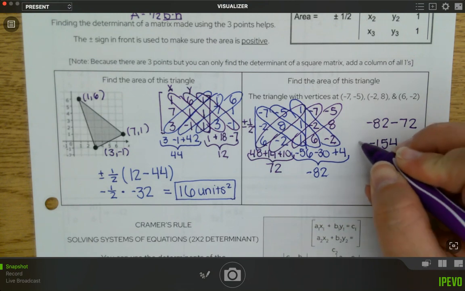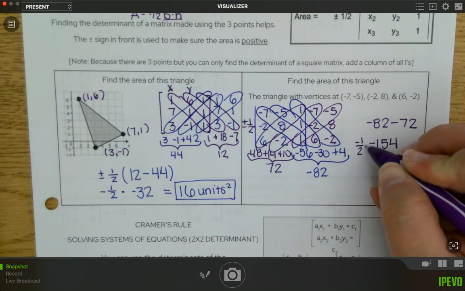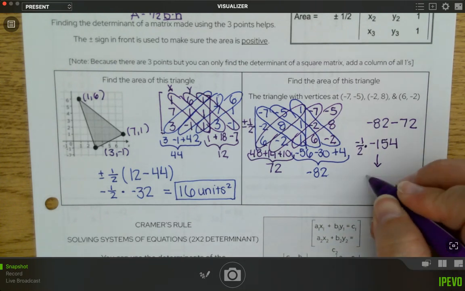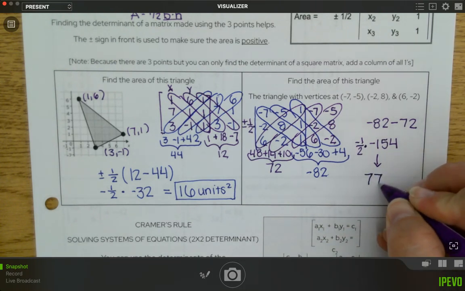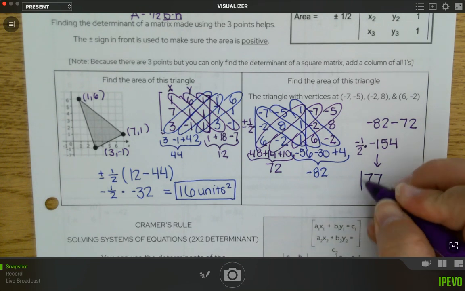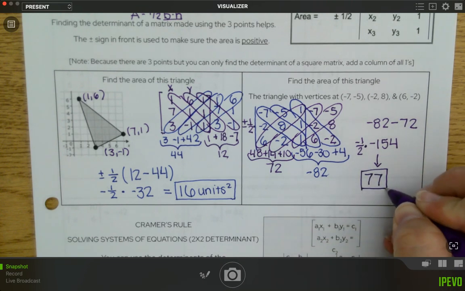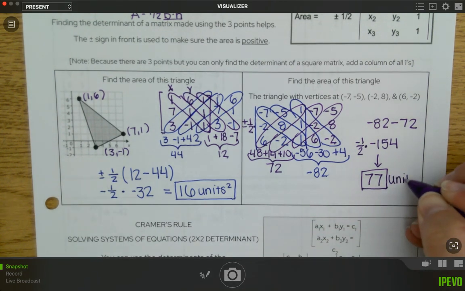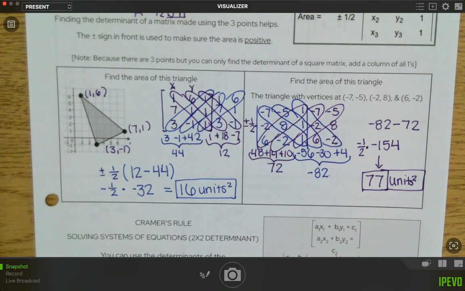Since this is a negative, I'm going to want to multiply by -1/2. And that leaves me with 77. Half of 154 is 77. Oops, units squared. Don't forget to add your units squared to the end.